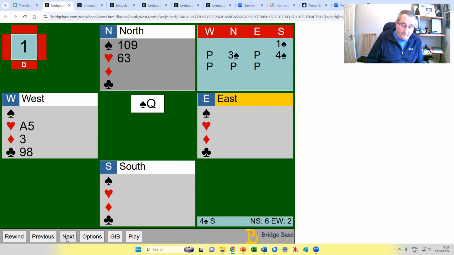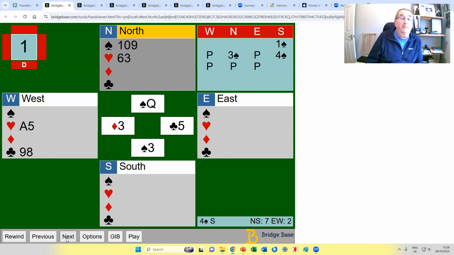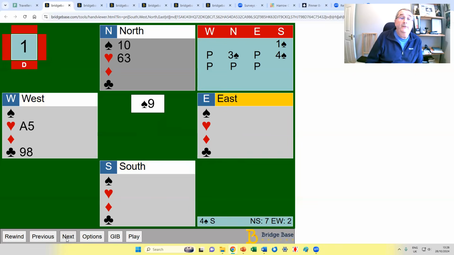So they play a spade, and you've got to figure out what to discard. Let's suppose you discard a diamond here, and they play another spade.